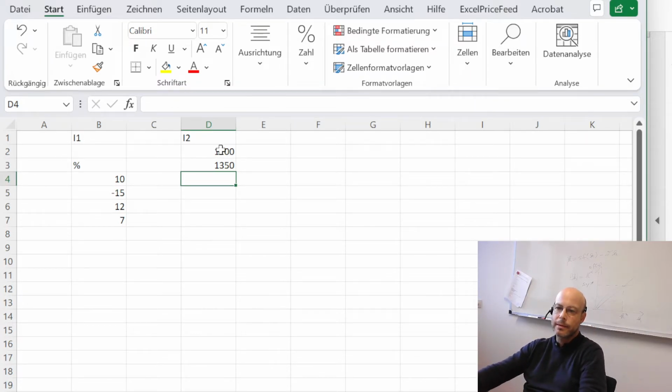So in this case, we want to calculate the constant interest rate so that we come in 4 years from 1,200 to 1,350.